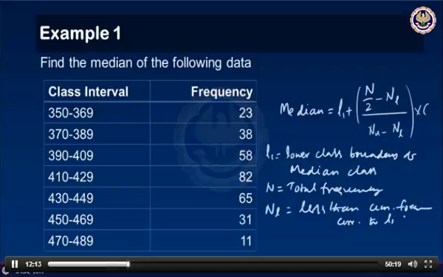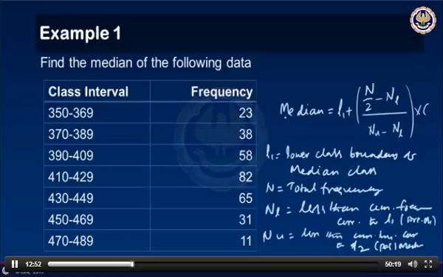That is the pre-median class. And NU is equal to the less than cumulative frequency corresponding to L2, which is the post-median class.